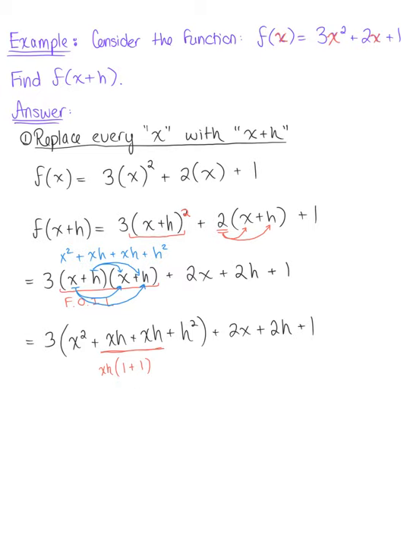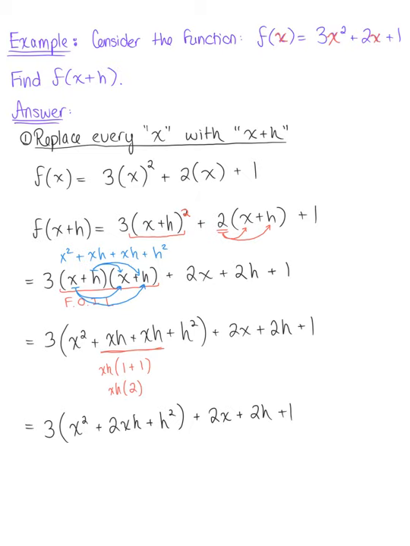Or it might even be helpful to think about it as xh times 2. So we can rewrite that below. This is still 3 parentheses x squared plus 2xh plus h squared, plus 2x plus 2h plus 1.